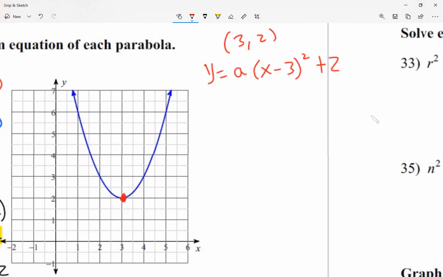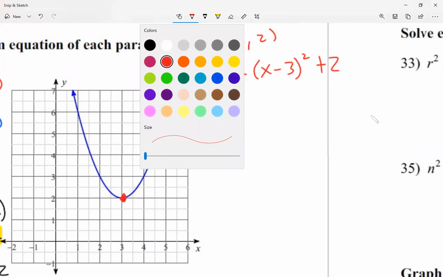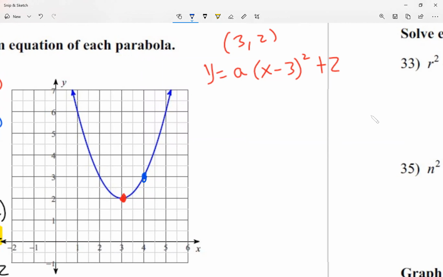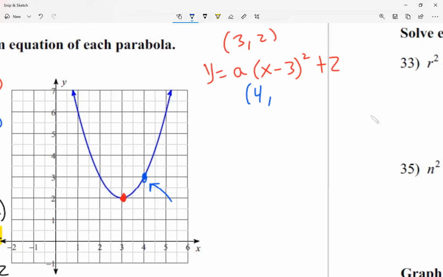Okay, now let me find a point on the graph. I'm going to use the point, this point right here. The coordinates of that one is the point 4, 3. So I have 3 is equal to A times 1 squared plus 2.